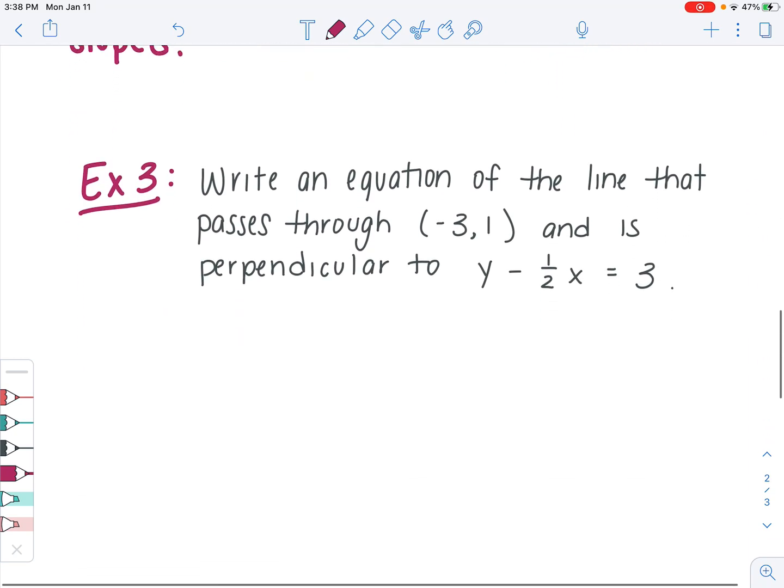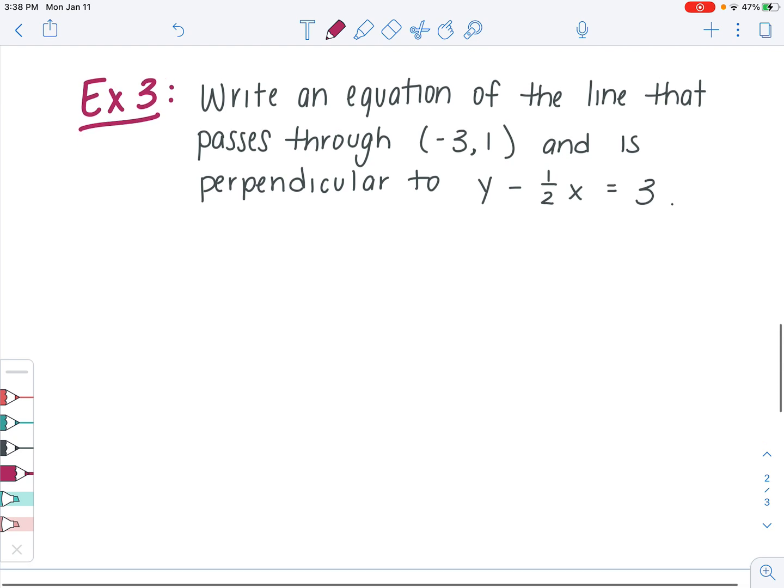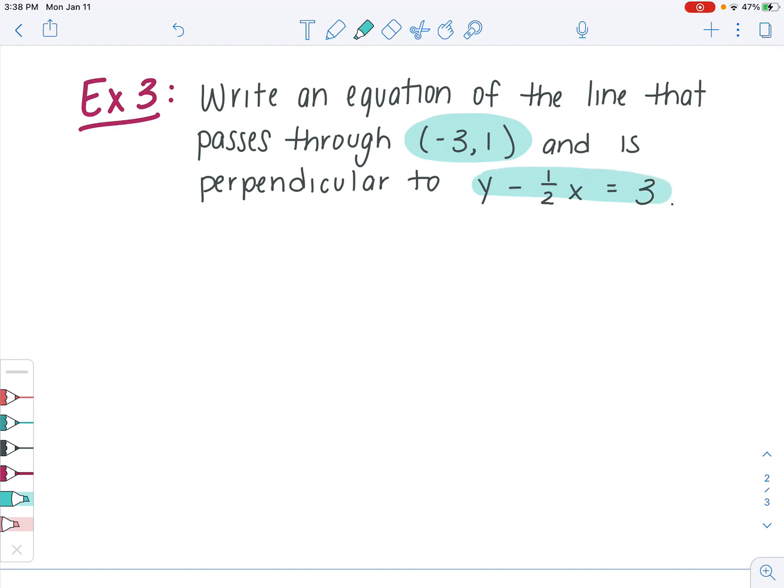I could also ask you to write an equation for a perpendicular line. So they're saying write an equation of a line that passes through negative 3, 1 and is perpendicular to y minus 1/2 x equals 3. So they gave me some information. In order to write the equation of a line, I know I need a slope and I need a point.